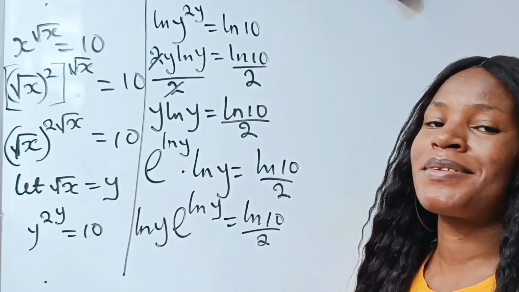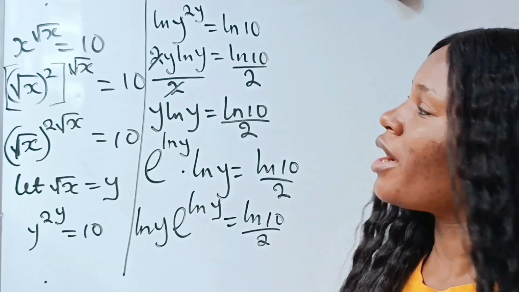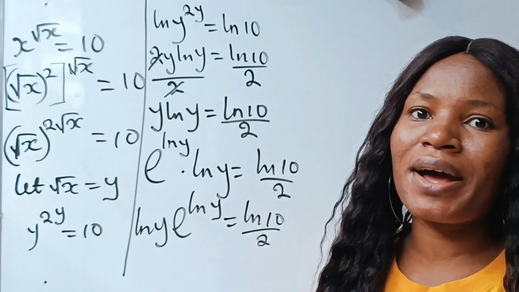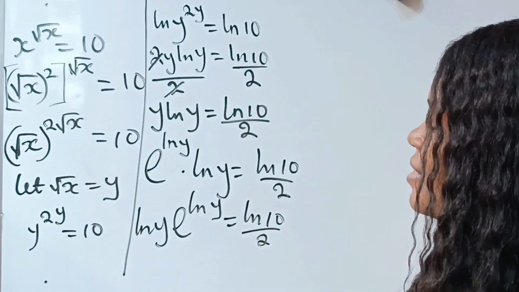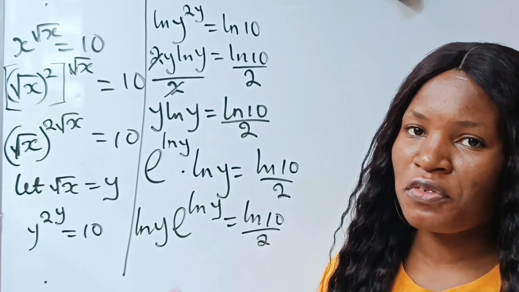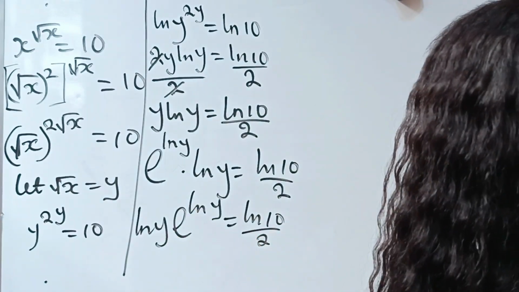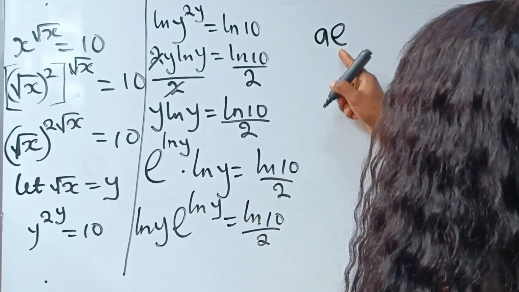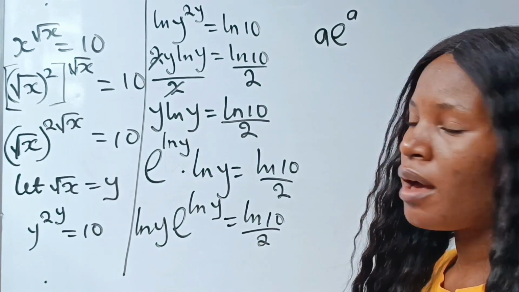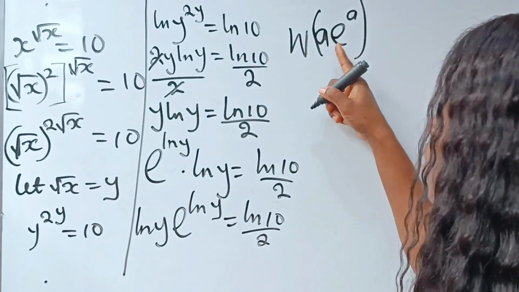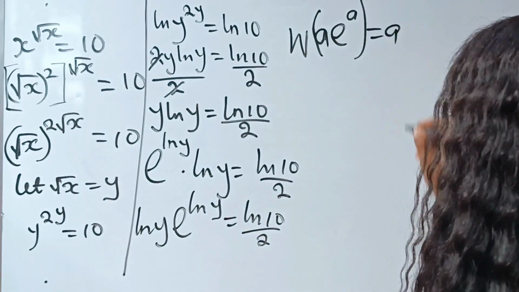Okay, so this particular function has been our life savior. Anytime we are given an algebra that you cannot solve using any algebraic identity, it boils down to the Lambert W function. Now, for the sake of those that are hearing it for the first time, the Lambert W function states that if you have, for example, a to the power a multiplied by e to the power of a, and you apply the Lambert W function on this term, you are going to get a.